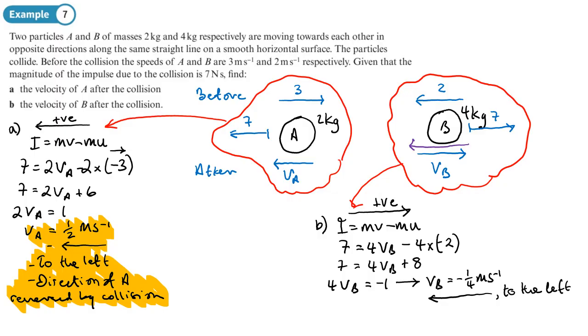So instead I could write down the direction of VB is maintained, or does not change, something like that. So you should now be able to do exercise 1B on pages 7 to 8.